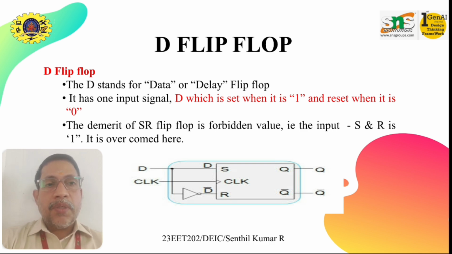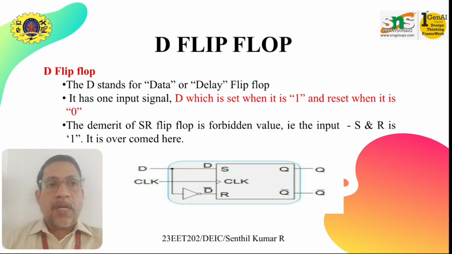As per the block diagram, an SR flip-flop is shown here, and this drawback is overcome by connecting a NOT gate in between S and R. I think you may visualize that circuit.